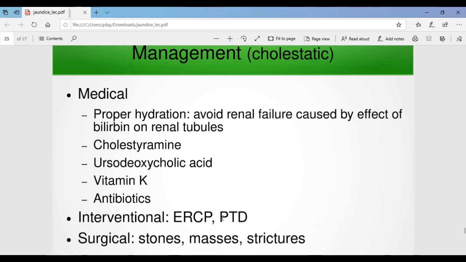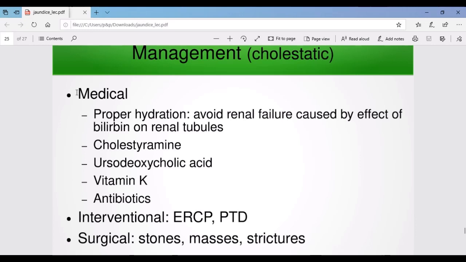Or by doing an ERCP, instead of just inserting a cannula and taking an image, we can insert tools to crush a stone, to dilate a stricture, or to insert a stent inside the stricture. So this is the interventional management of extrahepatic cholestasis.